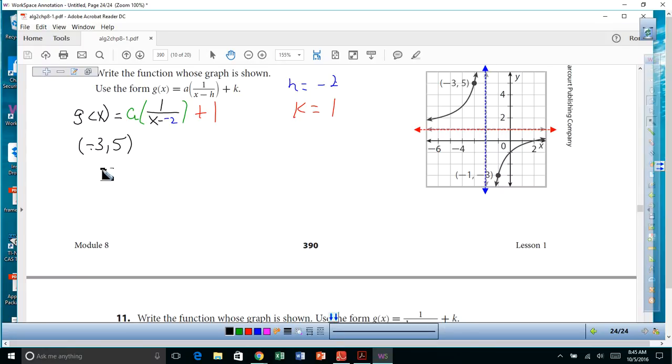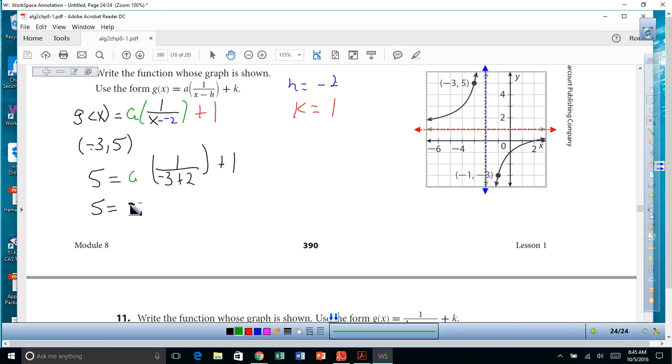So we got 5 equals a, because that's what you're looking for, a, and you got 1 over, and then here for the x, we're going to put the -3, x minus negative, or x plus 2, and then plus 1. So 5 equals a.